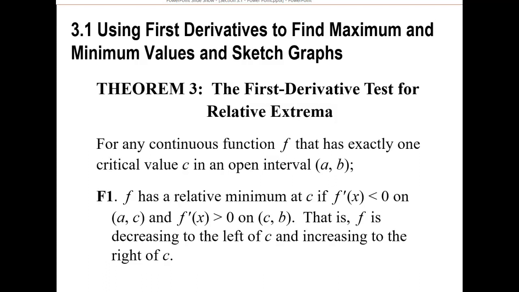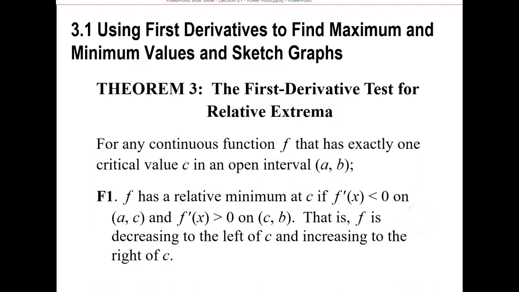This says f' less than 0, which we talked about earlier means the function is decreasing, and then f' greater than 0 from c to b would mean the function is increasing. So if the function is moving down on the left of c and then moving up on the right of c, then it would have to hit a minimum in between.